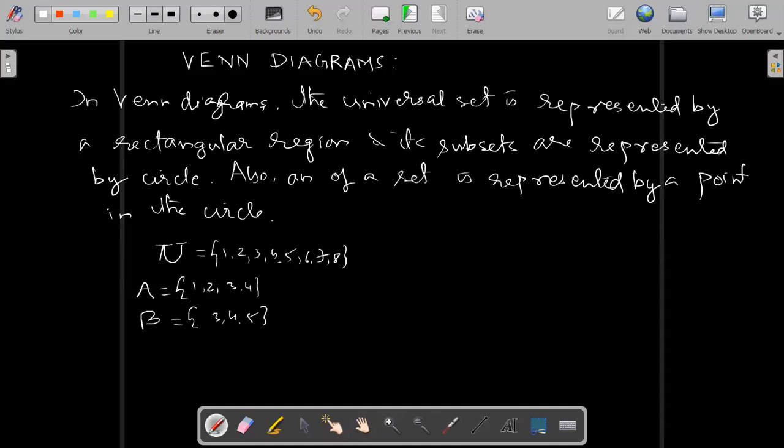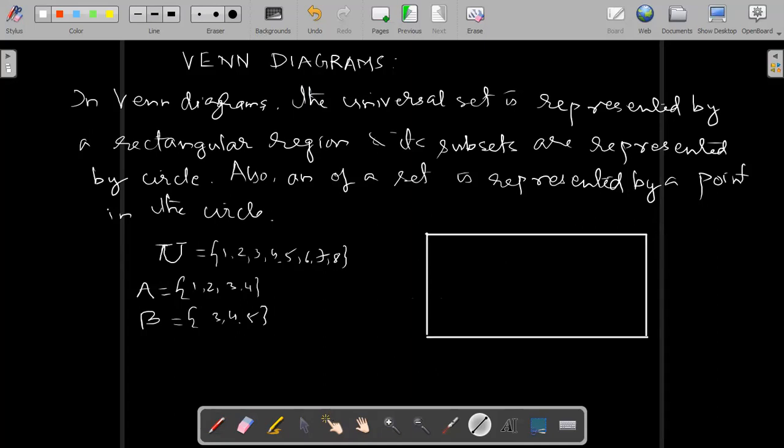We can have more sets also. So we will draw one big rectangle, and at the left side you can write, this is the universal set.